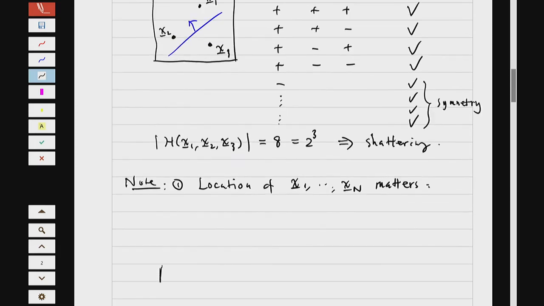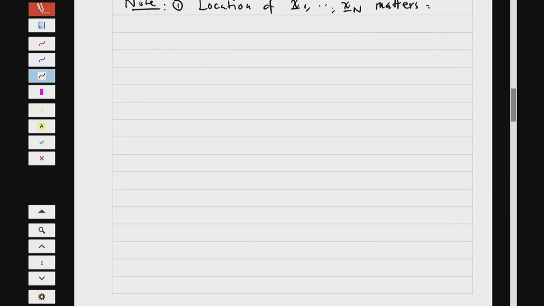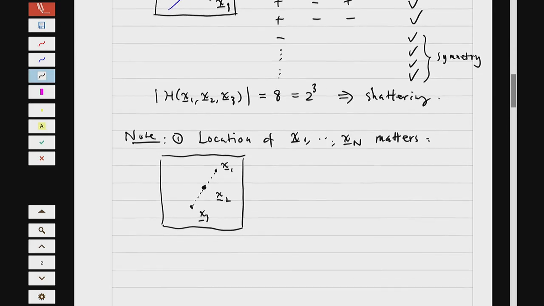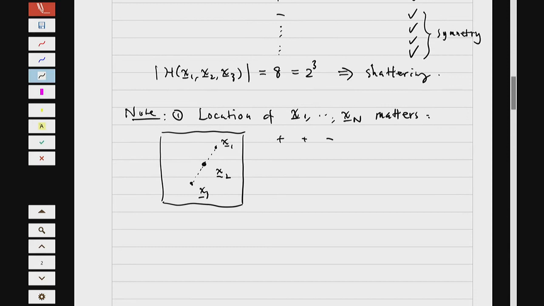Look at this: X1 here, X2 here, X3 there, on a line. Then we ask, let's say, plus, plus, plus, plus, plus, minus, plus, minus, plus, plus, minus, minus, and so on. Clearly, plus, plus, plus is easy, right?